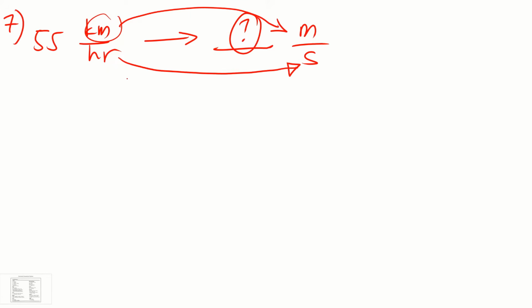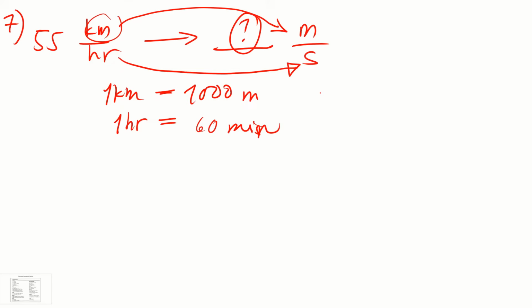So we need to again identify the unit equivalents for each of the units to be converted. So in 1 kilometer, there are 1,000 meters, and in 1 hour, diba, meron tayong 60 minutes, and then in 1 minute, there are 60 seconds.